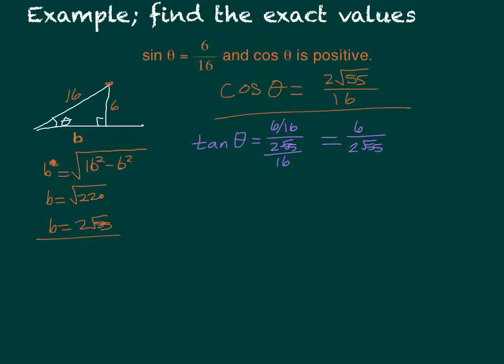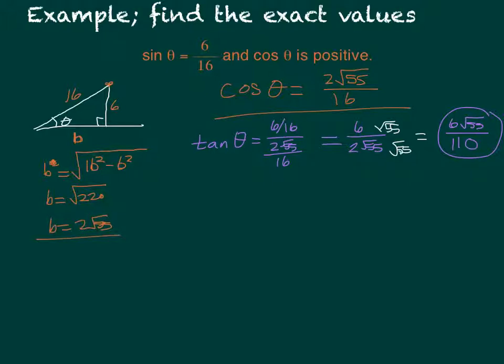We are still going to rationalize our denominators though. So when I rationalize this denominator, I need to multiply square root of 55 by square root of 55, giving me 6 times the square root of 55 over 2 times 55, which is 110. So that is your tangent.